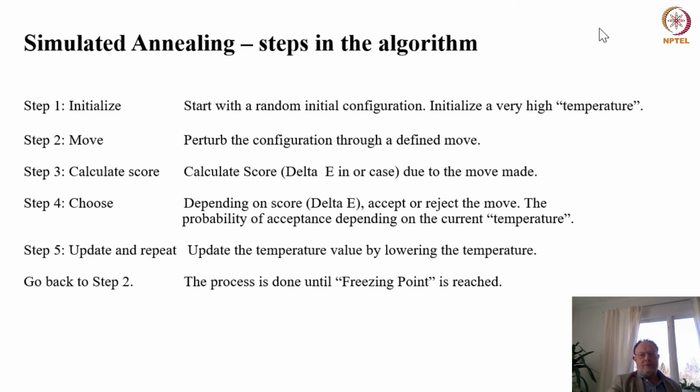And of course, when we lower the temperature for each iteration, the likelihood that a move will be taken diminishes. So we continue this until we come to what could be called a freezing point. And of course, a freezing point needs to be defined for each domain where we apply this.